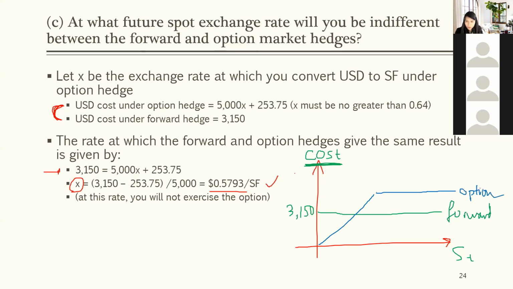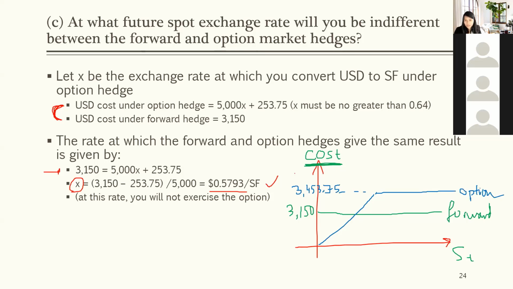So if you want to compute the maximum, let me get my calculator. So if you take 5,000 and you times by 0.64, and then you plus 253.75. So this level will be, okay.